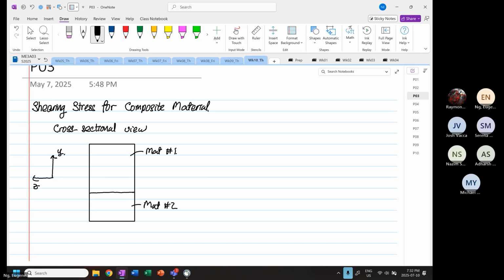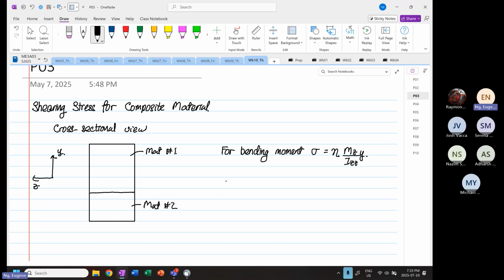Right? So if you were to recall bending moment for composite material, okay? For bending moment, the normal stress will be equal to n Mz over Izz multiplied by y, right?